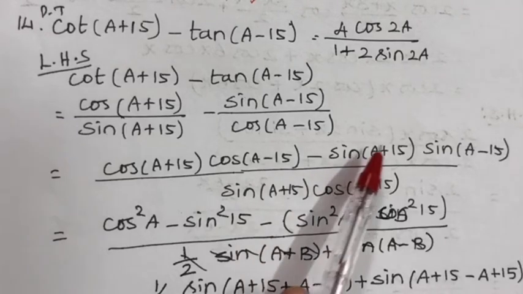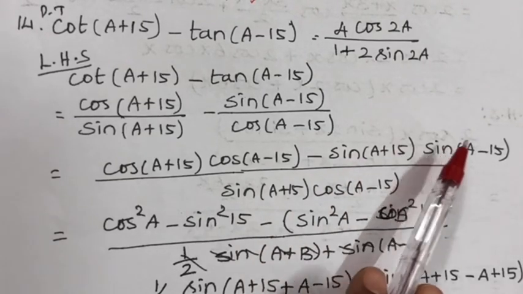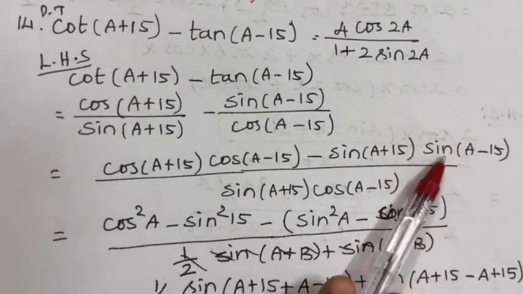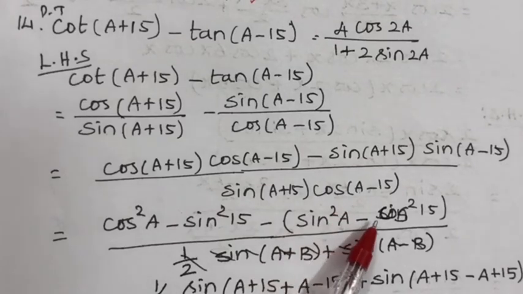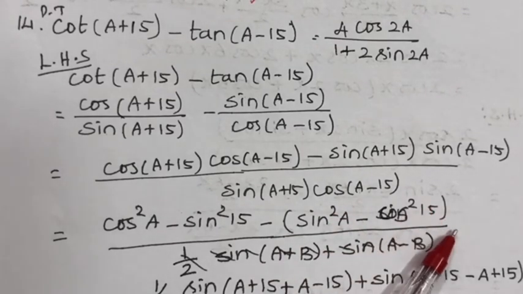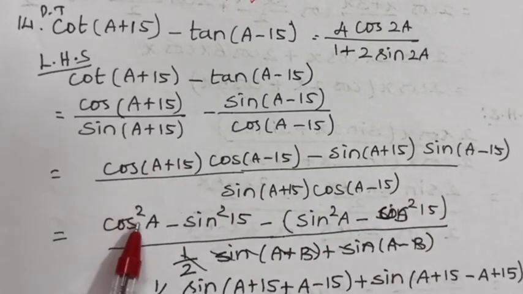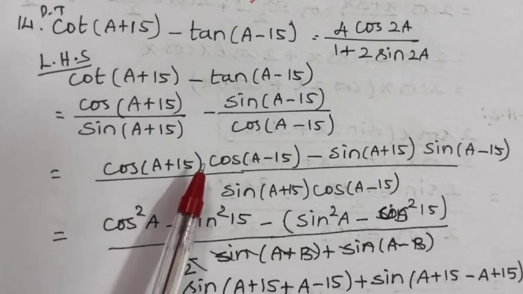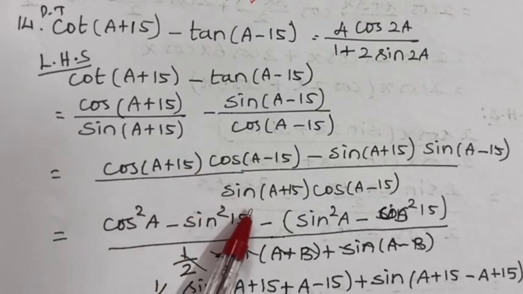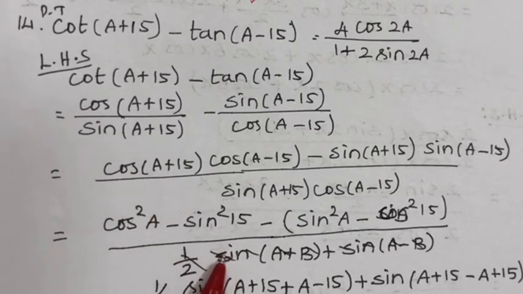Similarly sin(a plus b) into sin(a minus b), that is sin square a minus sin square b. Here in the place of a we have a, in the place of b we have 15. So cos square a minus sin square 15, minus sin square a minus sin square 15.